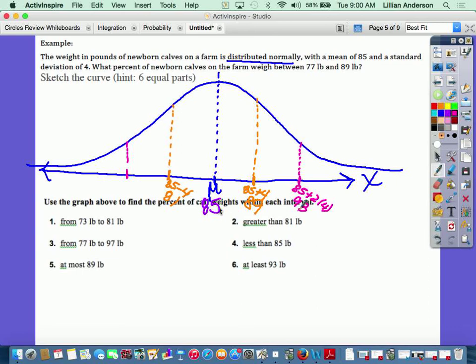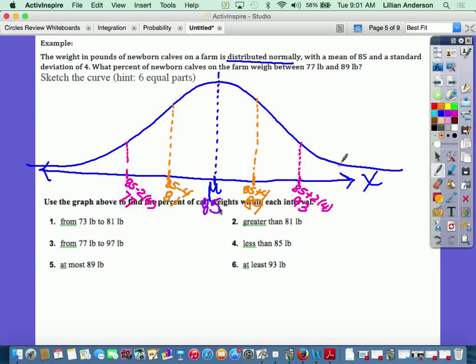It works the same way. Over here, we do our mean minus 2 standard deviations, which is what? 73? Oh wait, 77. So now this tells us that from 77 pounds to 93 pounds, 95% of our data lies in between those two values.